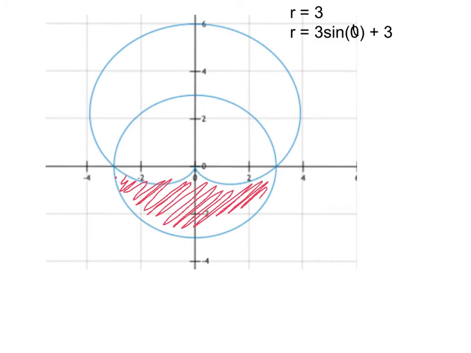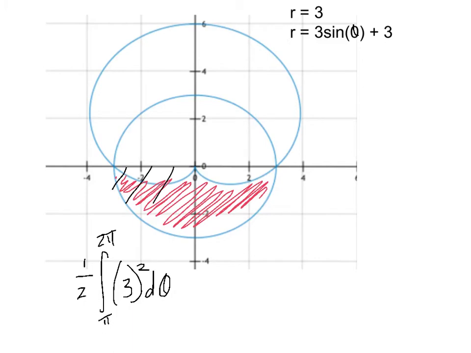So we could set this up as being 1/2 the integral of 3 squared d theta, going from pi to 2 pi. But that right there gives us the whole thing. That's not what we want.